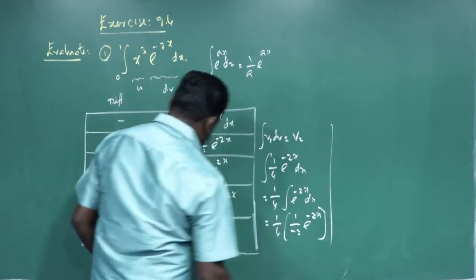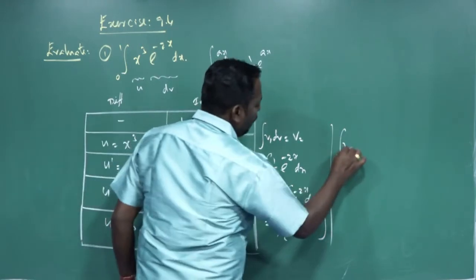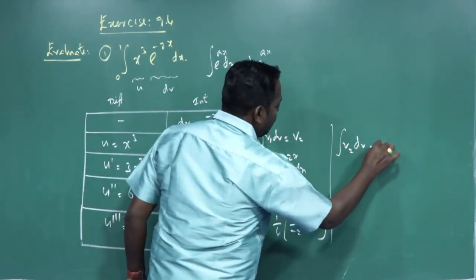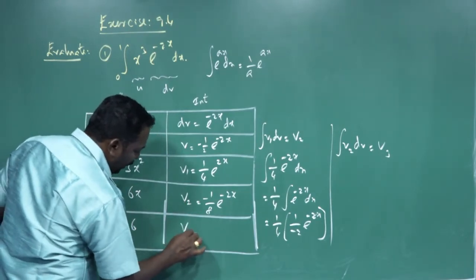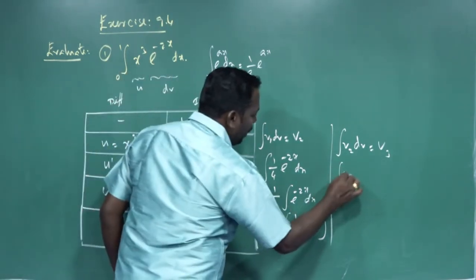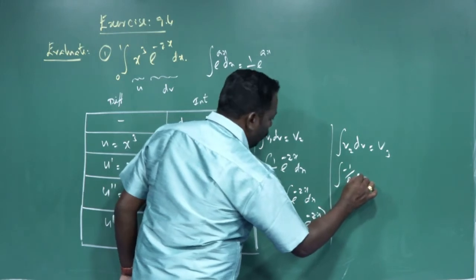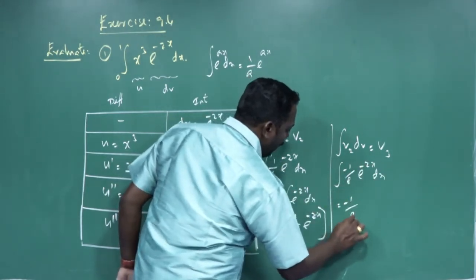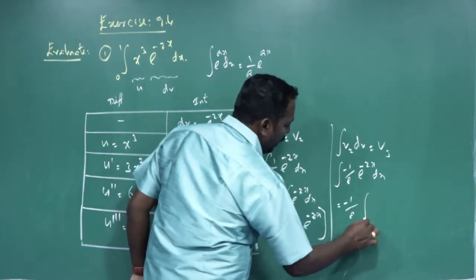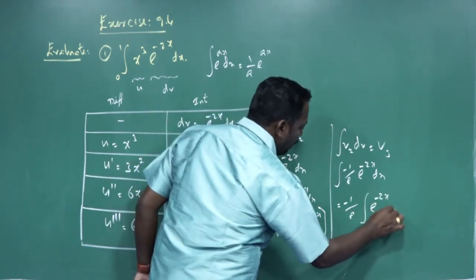Again, another integration: integration of v2 into dv is defined by v3. Therefore, integration of v2 defined by v3 is equal to integration of minus 1 by 8 into e power minus 2x into dx. That equals minus 1 by 8, the constant term, keep outside the integral, e power minus 2x into dx.